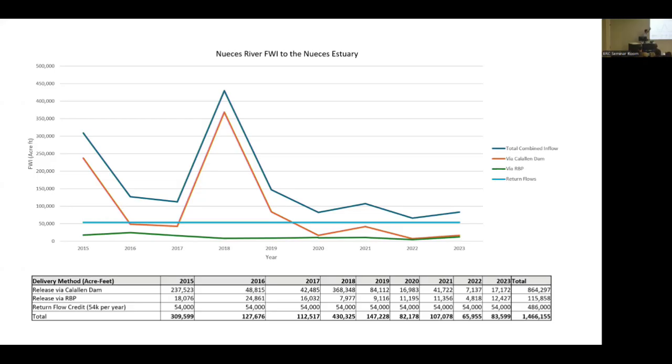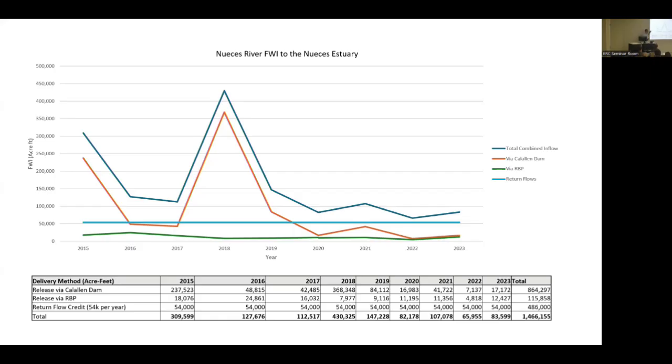But so the way this works is every year there's a target amount or volume of water, which is 151,000 acre feet. That amount is reduced based on certain criteria, whether that be lake levels, whether that be current bay salinities. But in practice, there are essentially three main mechanisms for water to arrive to the Nueces Estuary.